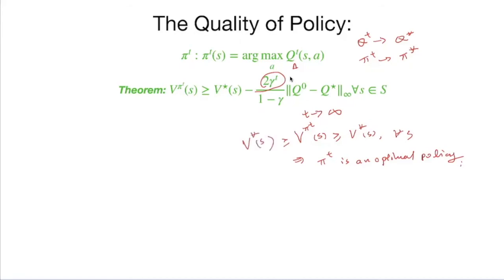With this sandwich inequality, I convinced myself that v pi t is equal to v star for every state s. Then pi t must be an optimal policy, a policy that dominates every other policy everywhere.